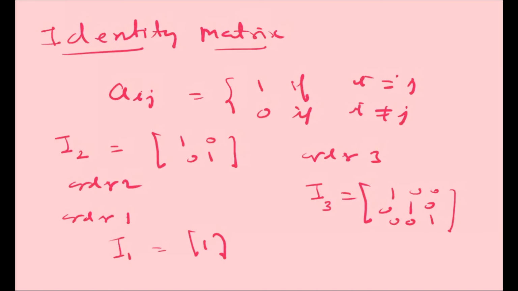So students, now I am telling you the next point, that is the zero matrix. According to the name, you can understand what the zero matrix is. Is it always a square matrix? No, it may be a rectangular matrix.